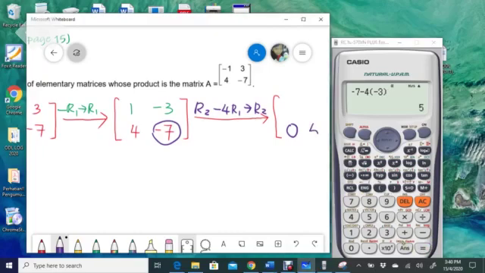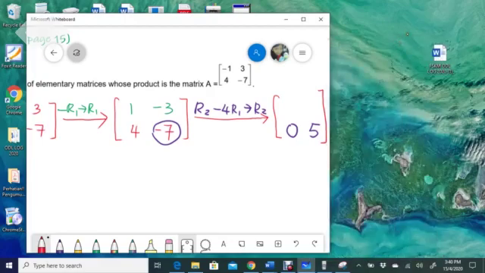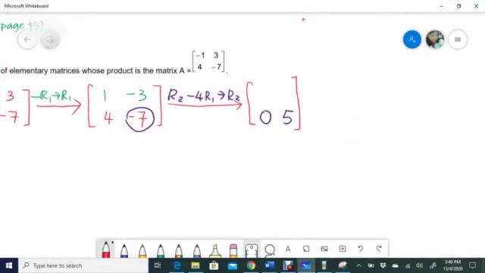So you got 5. Just use your calculator if you can't think very fast, especially during the exam when you're still nervous. Just use the calculator to get the values. After that, the rest you just copy: 1, -3.